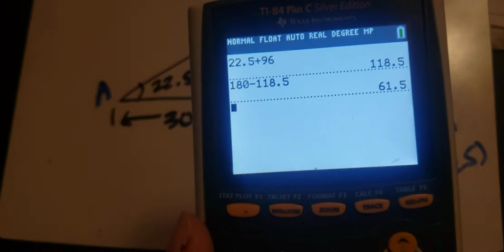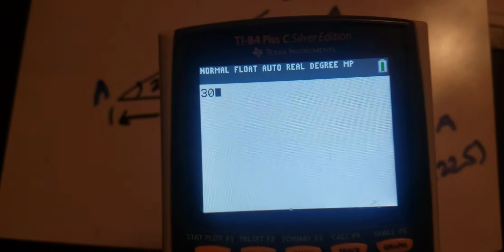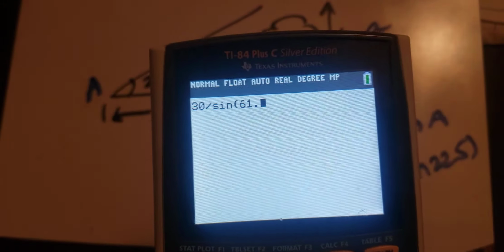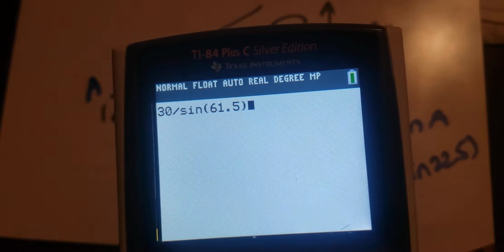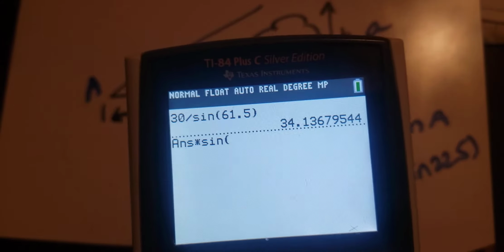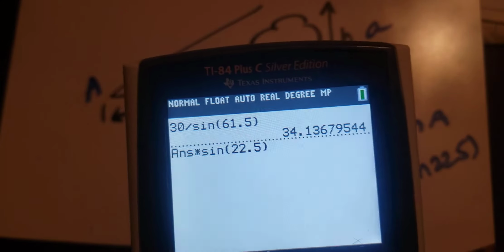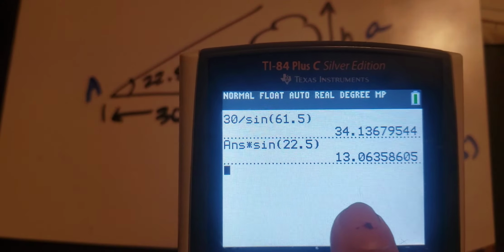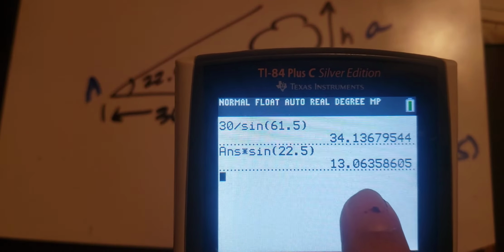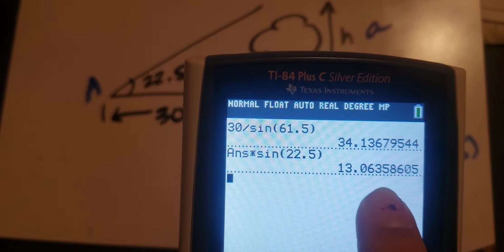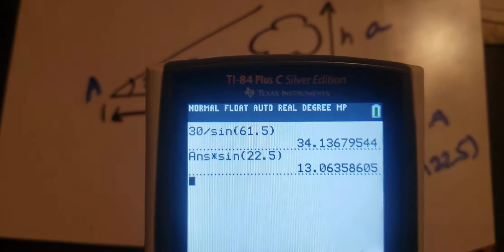So this is going to be 30 divided by sine of 61.5, and then multiply that by sine of 22.5, okay? And so that's going to give me approximately 13.06. Okay, and I'm just going to stick with that, okay?